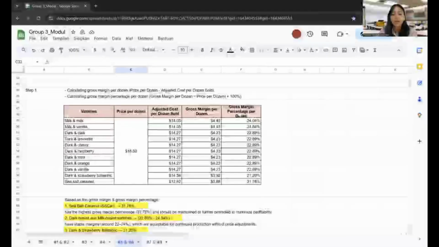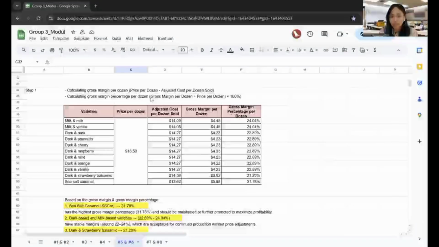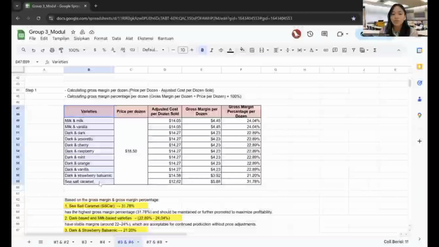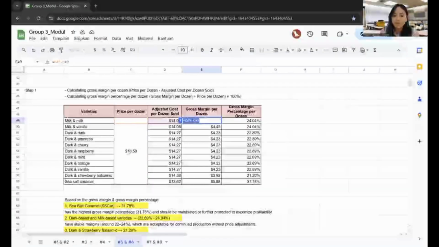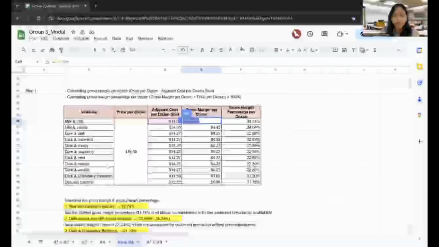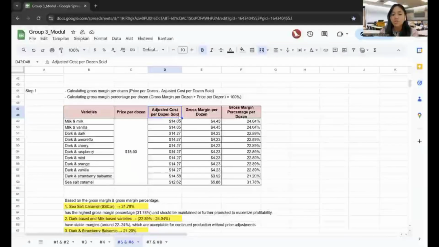Okay. The first step is we need to calculate the gross margin per dozen and the gross margin percentage per dozen with this formula. So again, with all of the varieties, we need the price per dozen to find the gross margin per dozen. So the formula is the price per dozen, which is the same for all the varieties, minus the adjusted cost per dozen sold. And we get all of this result.